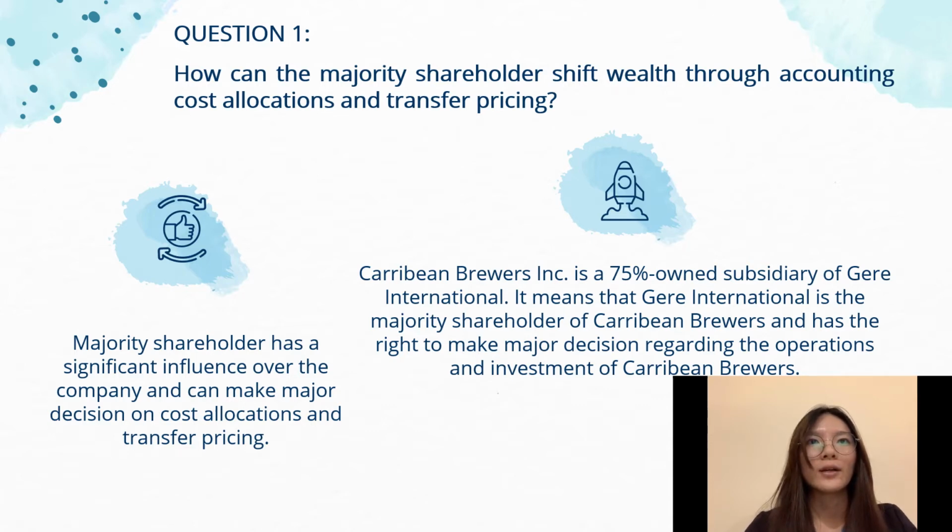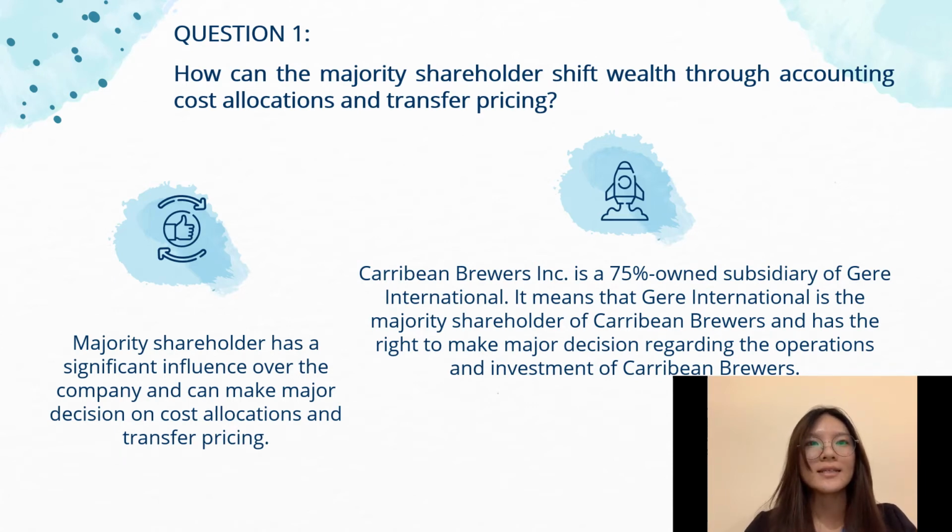When a corporation is the majority shareholder in a company, they have many rights when it comes to decision making, as the individuals or corporations are given full control of the firm. That means the majority shareholders have a significant amount of influence over the company and make major decisions regarding the operations and investment of the company.